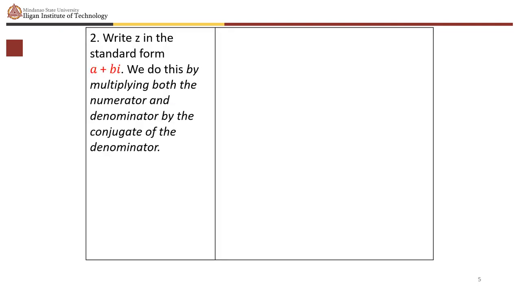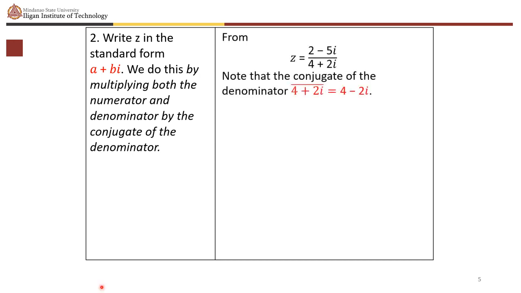The next step is to write z in the standard form a plus bi. We do this by multiplying both the numerator and denominator by the conjugate of the denominator. From z equals 2 minus 5i over 4 plus 2i, note that the conjugate of the denominator 4 plus 2i equals 4 minus 2i.